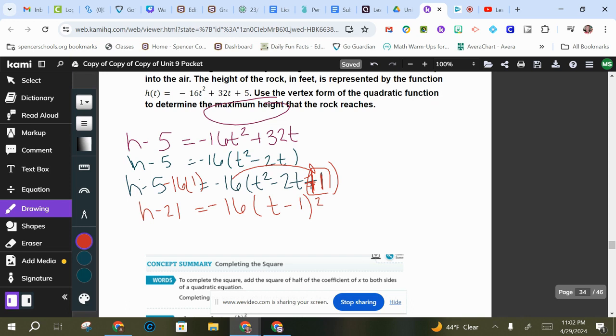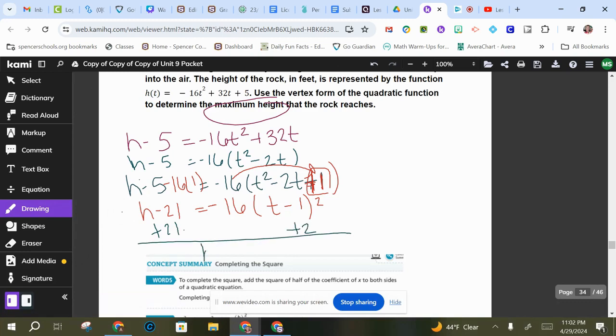Then add your 21 to both sides. So your final answer is h equals, we're going to go h of t if you want that back in there, negative 16 times t minus 1 squared plus 21. Whoops, I was going to say 2, but I added 21 on that side. I was confused there.